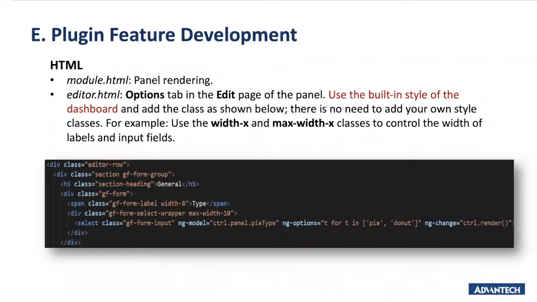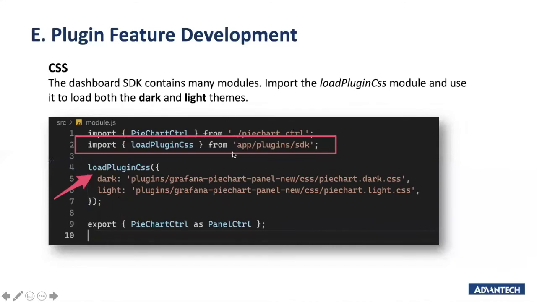And for the HTML, what you need to notice is that it's the best practice to use the built-in classes provided by Grafana, like width dash a number or max width some number here. For example, we have this width dash 8, right? And this is the themes that we're talking about.